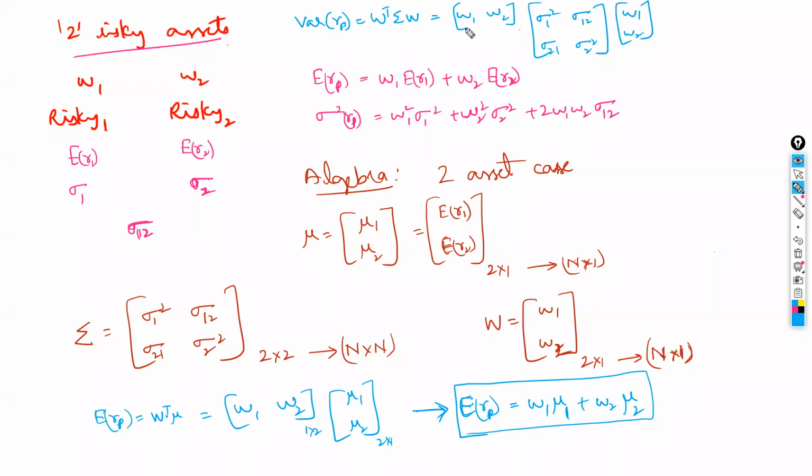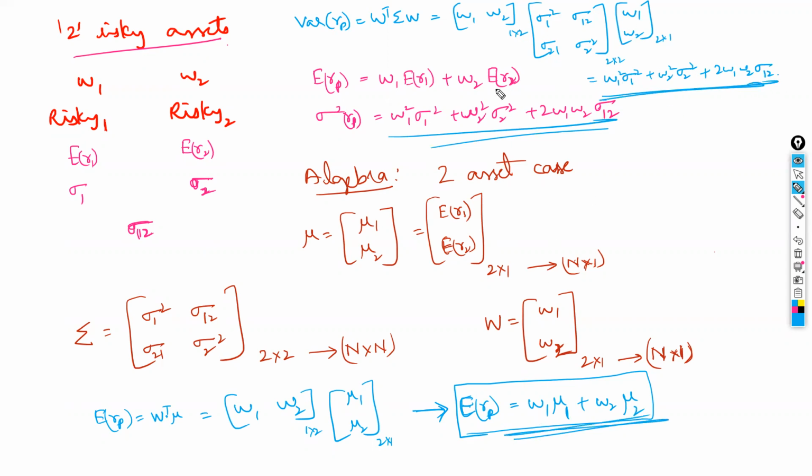So this is of dimension 1 by 2. This is of dimension 2 by 2. This is of dimension 2 by 1. Now, when you multiply all these things and solve, do you know what you'll get? W1 squared sigma 1 squared plus W2 squared sigma 2 squared plus 2 times W1 W2 sigma 1,2. Same thing you get when you multiply this matrix.